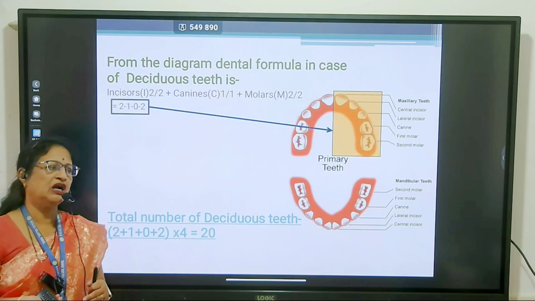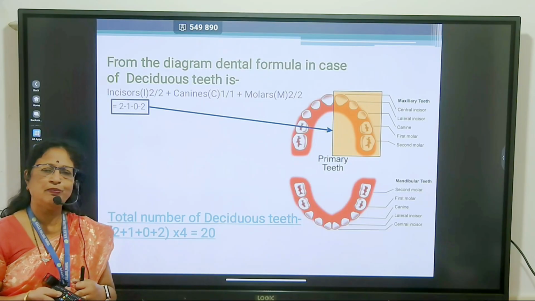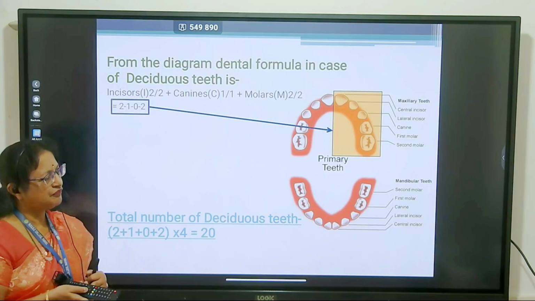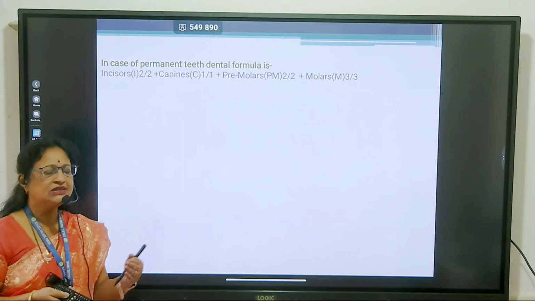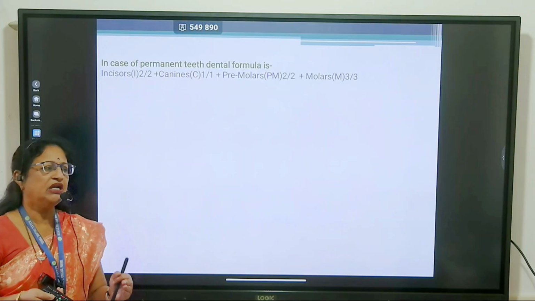So the formula becomes 2 plus 1 plus 0 plus 2 multiplied by 4 is equal to 20 teeth. In the milk set there are only 20 teeth.